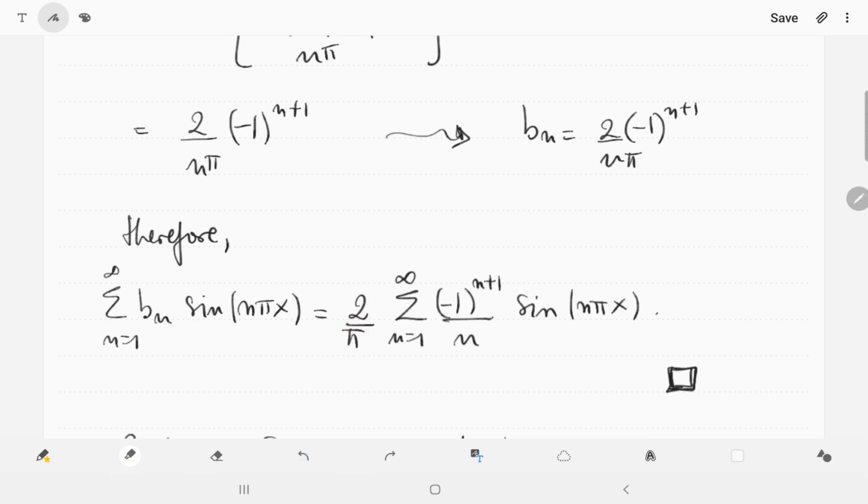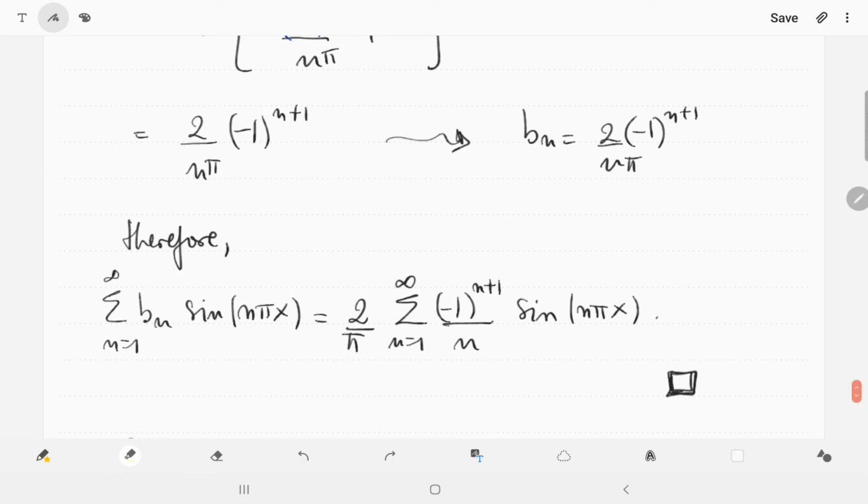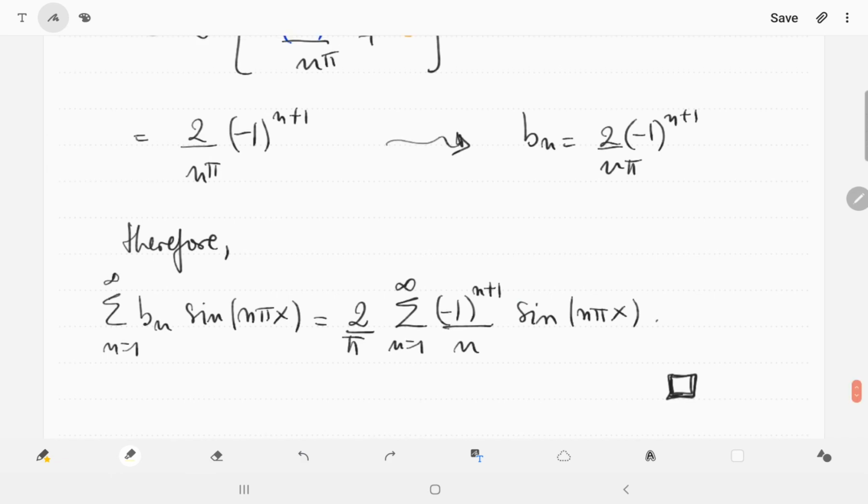That's an option, it's not mandatory. And then the sum of -1 to the power n plus 1 over n, times the functions sine of n pi x.